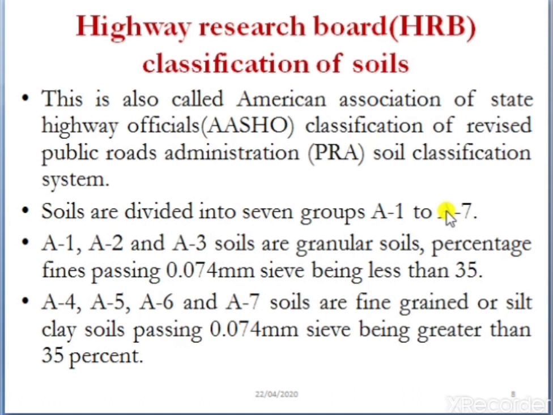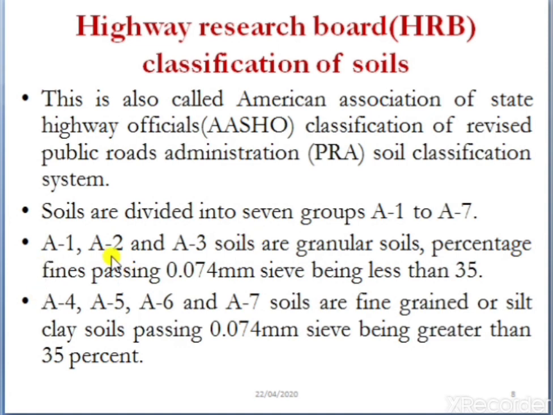So in A1 class, the soils are subdivided into two subgroups as A1-a and A1-b. The A1-a subcategory consists of predominantly stone fragments or gravels, whereas the A1-b subcategory consists of predominantly coarse sand.